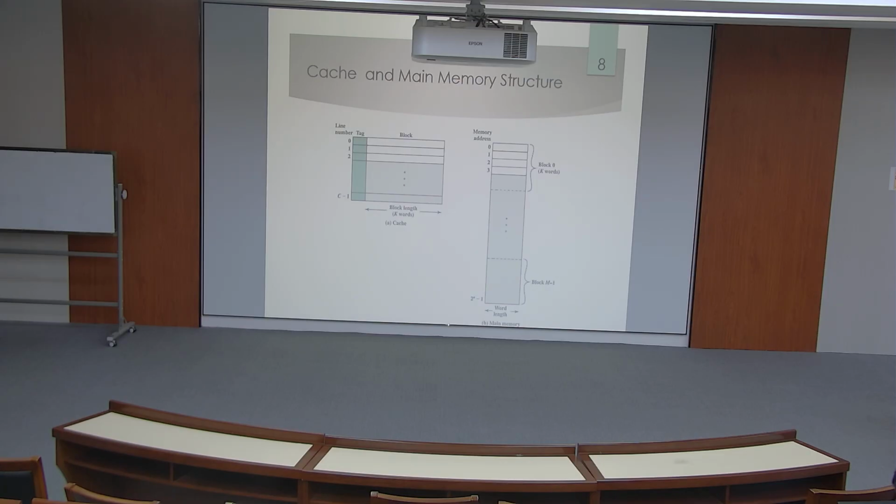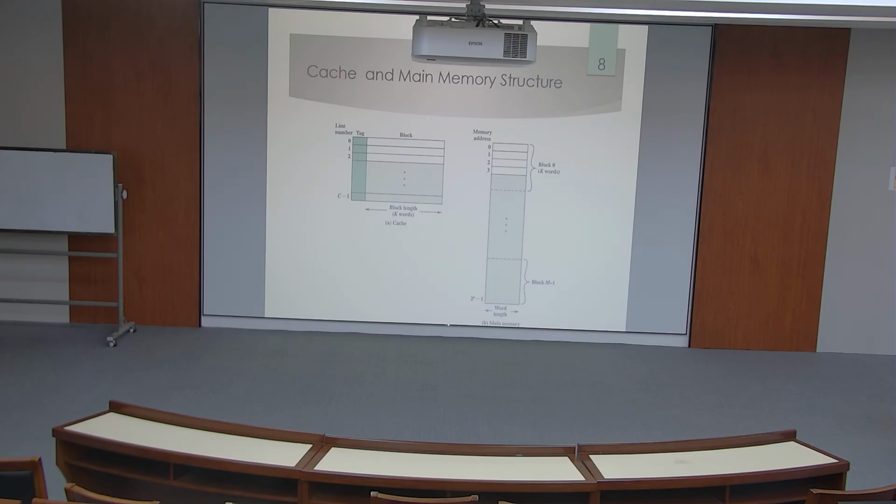Then within a specific line, we have a tag. We're going to see what a tag is and its importance in the cache line. Then we have a block in each cache line, and we have the block length.